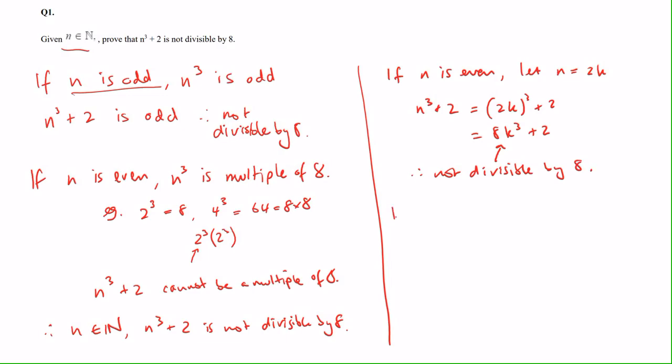What if n was odd then? So if n is odd, then we could say n is 2k plus 1. So this time we'd have 2k plus 1 cubed plus 2. Now if we simplify all of that, we'll get something like this.